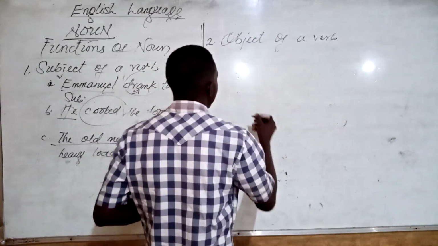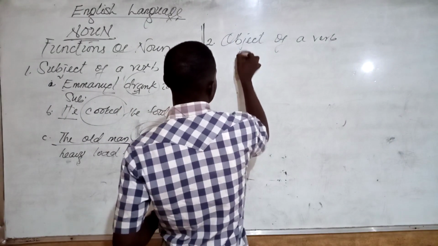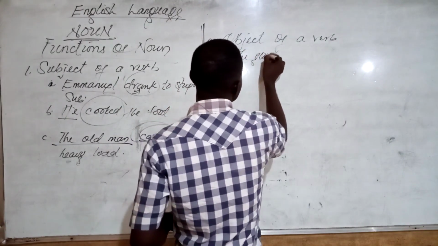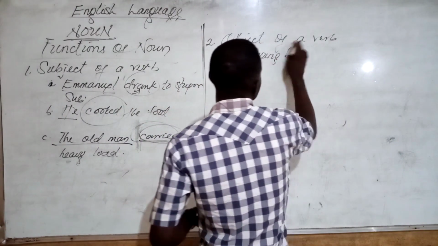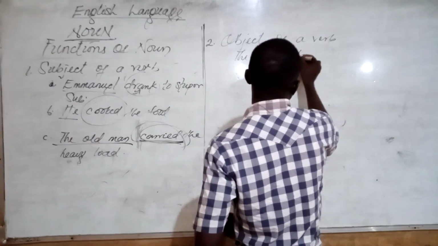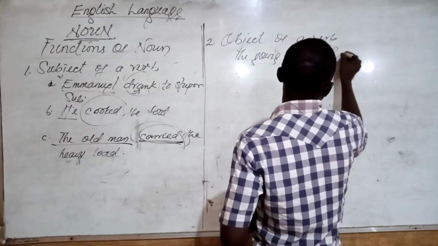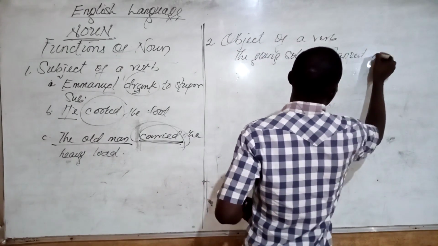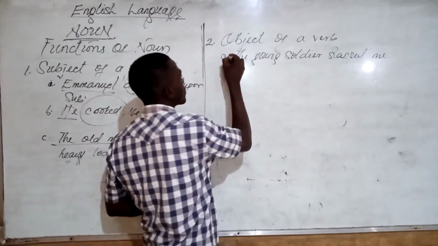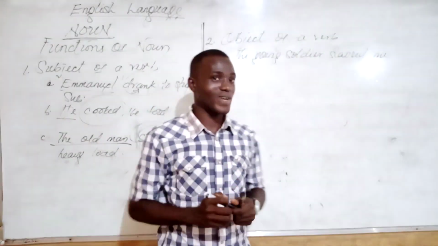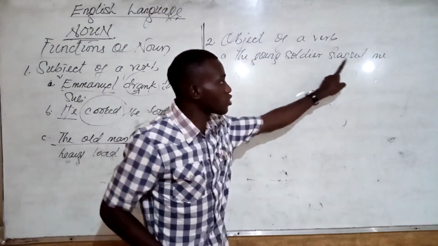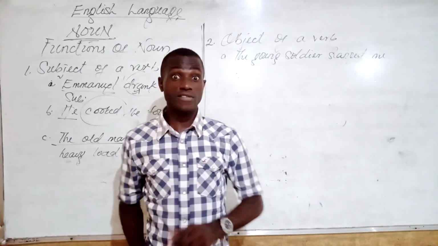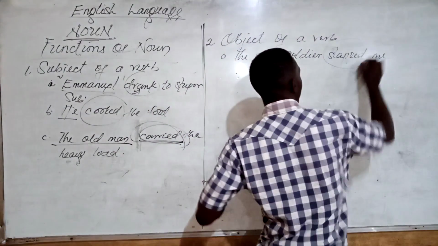So for example, if I said something like this: the young soldier slapped me. Alright? God forbid the soldier slaps me anyway. Now, the young soldier slaps me. The first thing you identify here is the position of the verb.